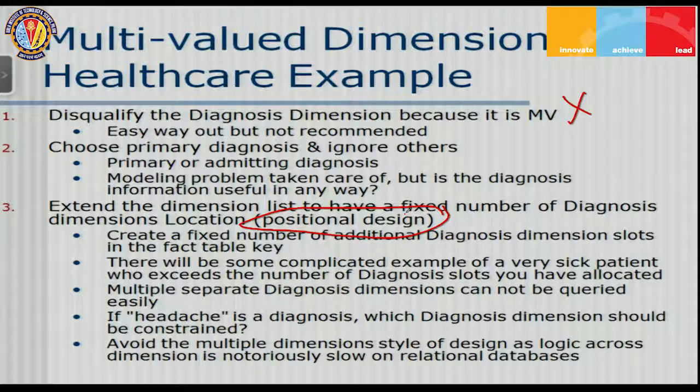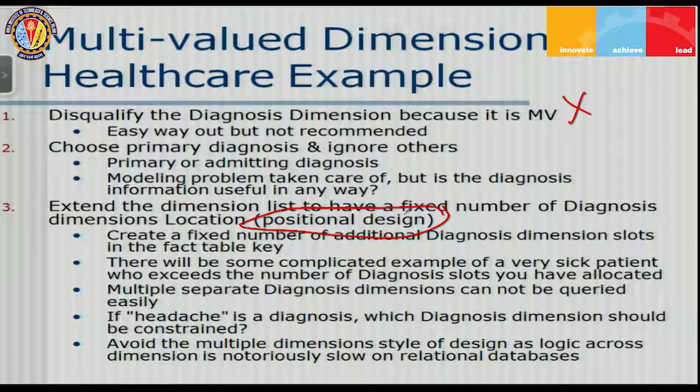There will be a complicated example of a very sick patient who exceeds the number of diagnosis slots you have allocated. Also, multiple separate diagnosis dimensions cannot be queried easily.